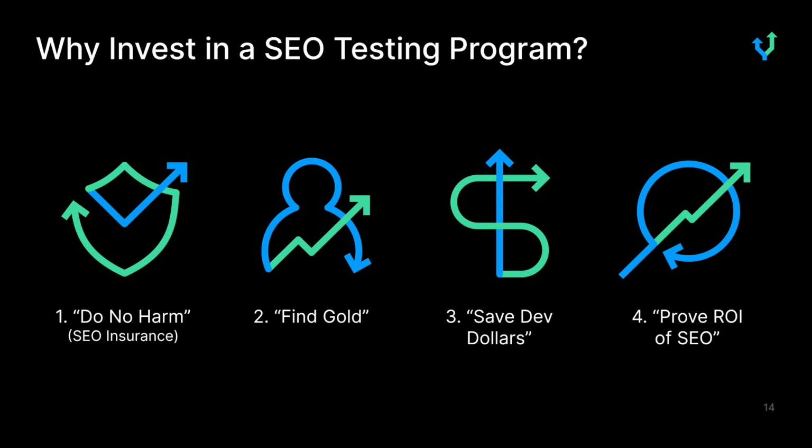Examples are updating titles and updating metas. However, it's tough to allocate new budget for additional SEO headcount because it's really, really hard to specifically prove the ROI of SEO. The email team can do it, the paid search and social teams can do it, and your CRO teams can do it, but SEO teams really struggle to prove ROI.